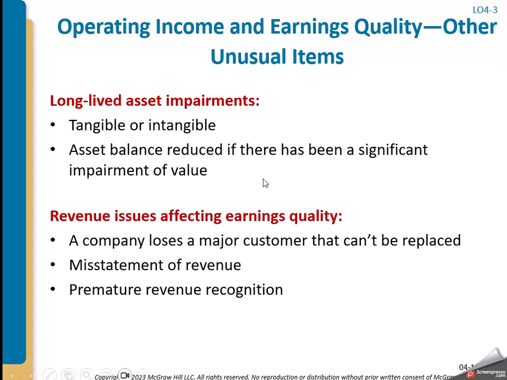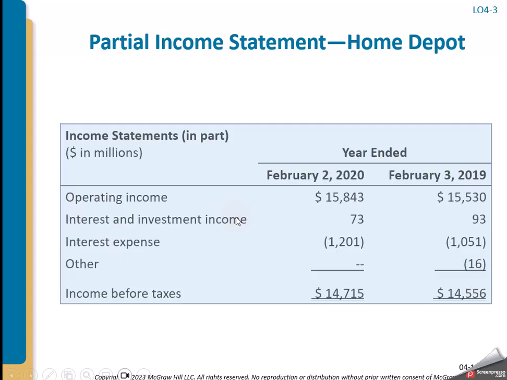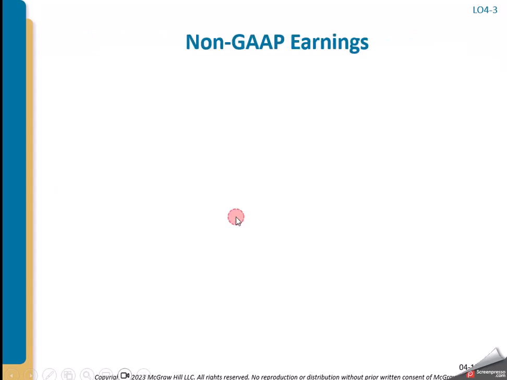Then, like I already said, normally almost all companies have these two. They're non-operating items, but they're very common: interest expense and interest income, and then gains and losses.